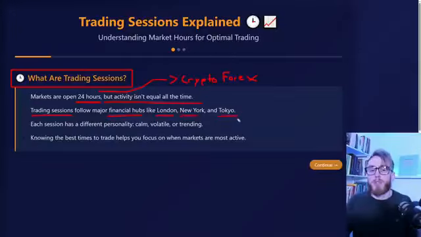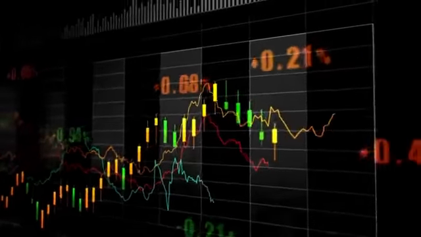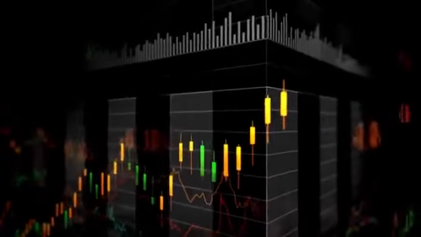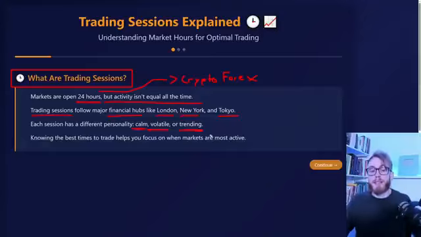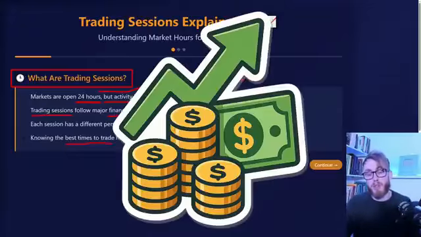And when it comes to trading sessions, each session usually has a different personality. Some sessions are more calm, while some sessions are more volatile, and some sessions are in general more trending. So knowing the best times to trade can help you focus on when the markets are most active, and as a result, improve your trading.